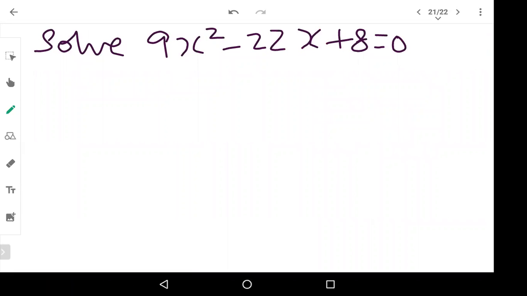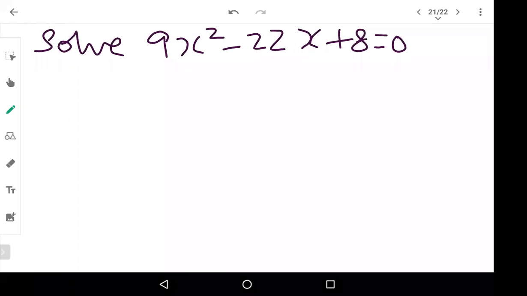But before solving this, any doubts until here? Any problem anywhere you have confusion? Good. Okay. Now let us solve this problem.